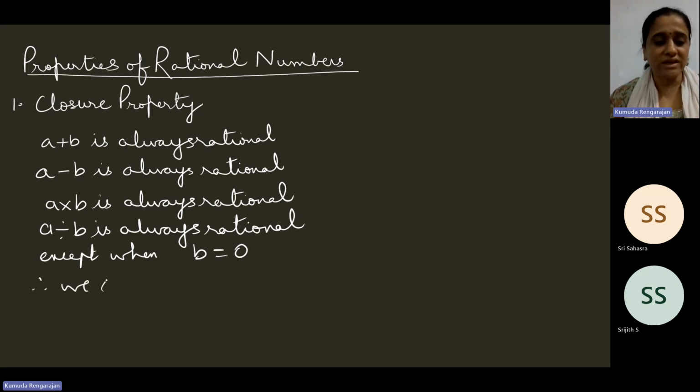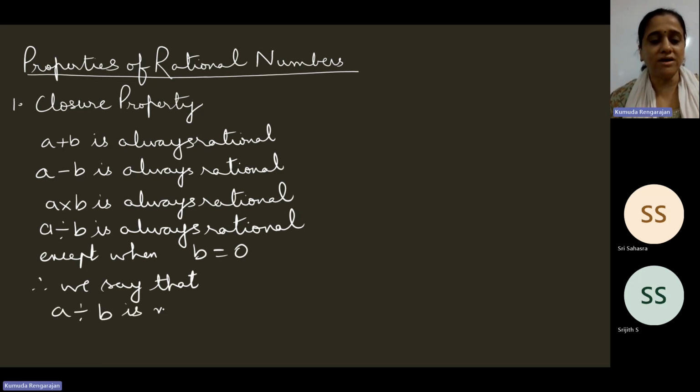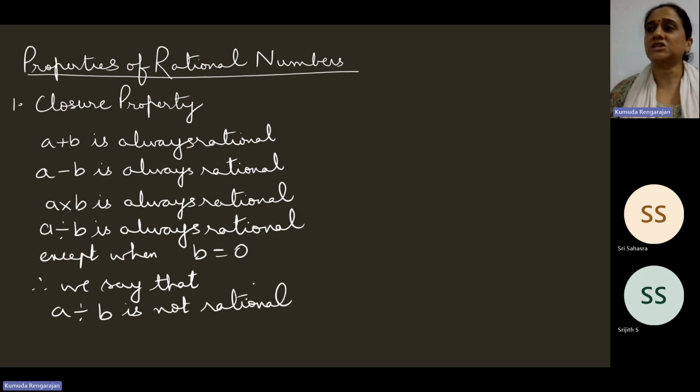Therefore, we say that A divided by B is not rational. So in general, if you're asked this question, for any two rational numbers A and B, will A divided by B be rational? The answer is no, just for this exception. Because when B is 0, when the denominator is 0, like say 5 divided by 0, this division is not defined.